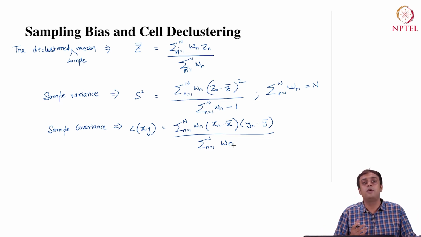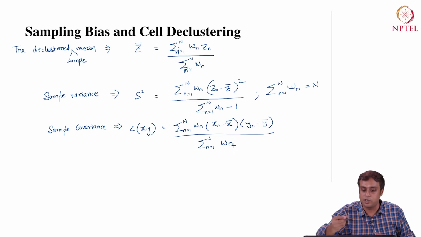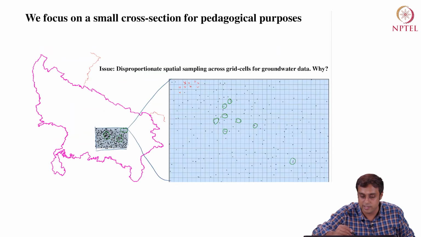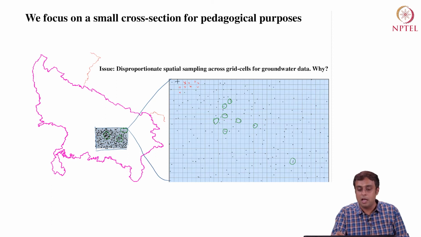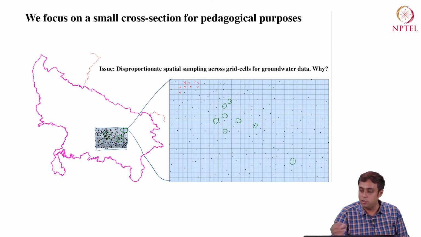Now, a question that would arise is, what is a good cell size? There is no real theory for what should be the right cell size. So let me go back and show you. Instead of using the cell size as you see on the screen, I might have used larger cells.